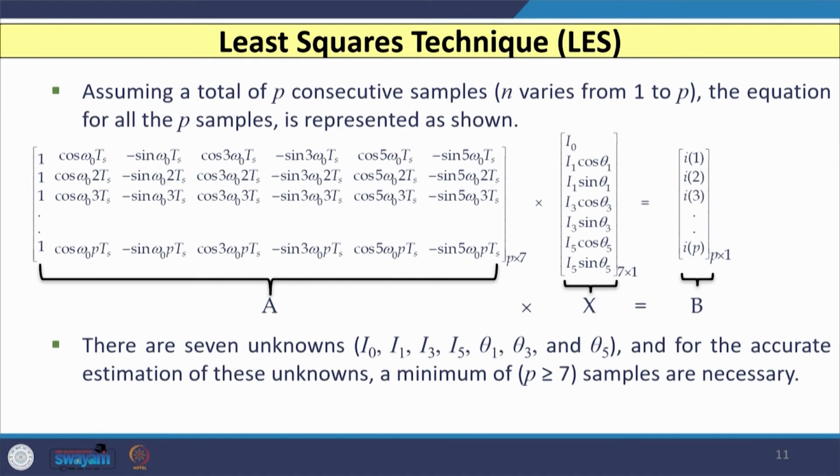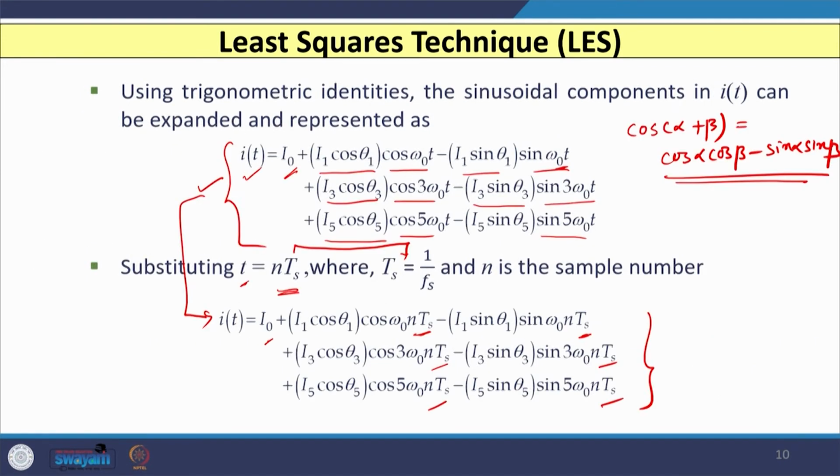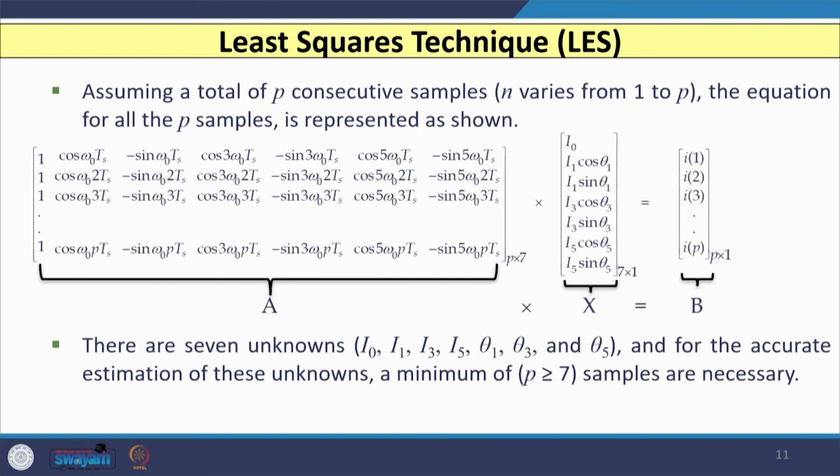Now, if I write this equation in matrix form, then we have the terms I 1 cos theta 1, I 1 sin theta 1, I 3 cos theta 3, I 3 sin theta 3, similarly I 5 cos theta 5 and I 5 sin theta 5, and the I 0 term.